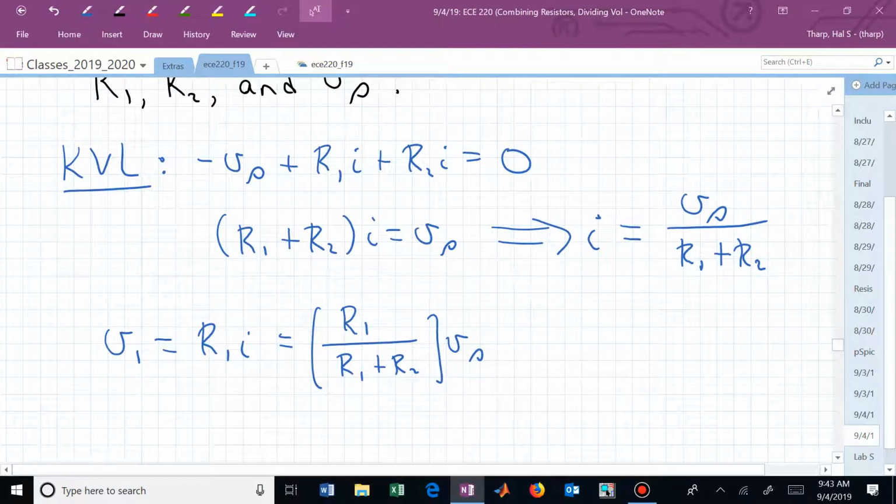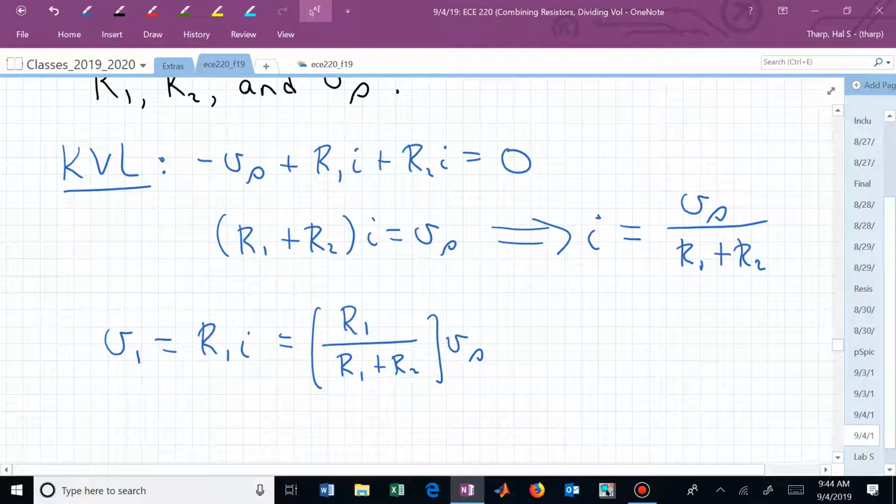And this now provides us with a formula for the voltage divided across that first resistor R1 in terms of that resistor R1, the other resistor R2, and the total voltage V sub s.